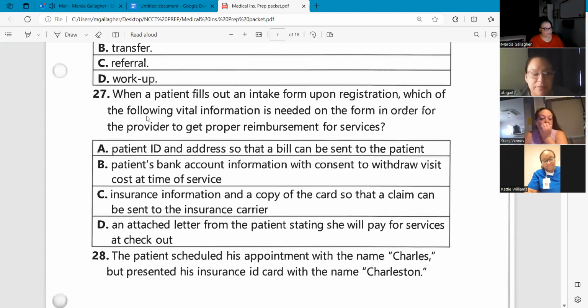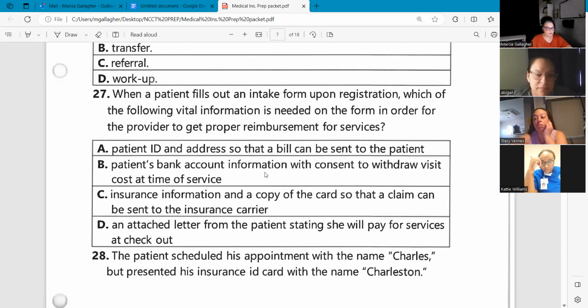Okay, now we're going to do one more and then that's all for today. When a patient fills out an intake form upon registration, when you go to the doctor, you're a new patient and you're filling out all your forms. Which of the following vital information is needed on the form in order for the provider to get proper reimbursement for services? Patient ID and address so that the bill can be sent to the patient.